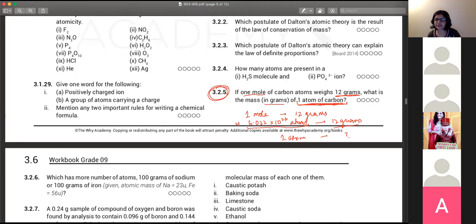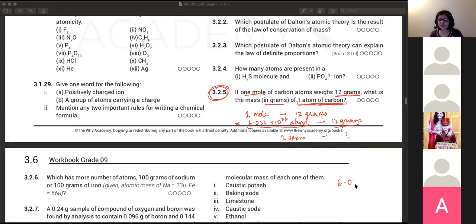Aditya, yes. Okay, so using the unitary method, basically you will get 6.022 into 10 to the power 23 atoms weigh 12 grams. So to find out the mass of one atom, you get 12 upon 6.022 into 10 to the power 23 grams.